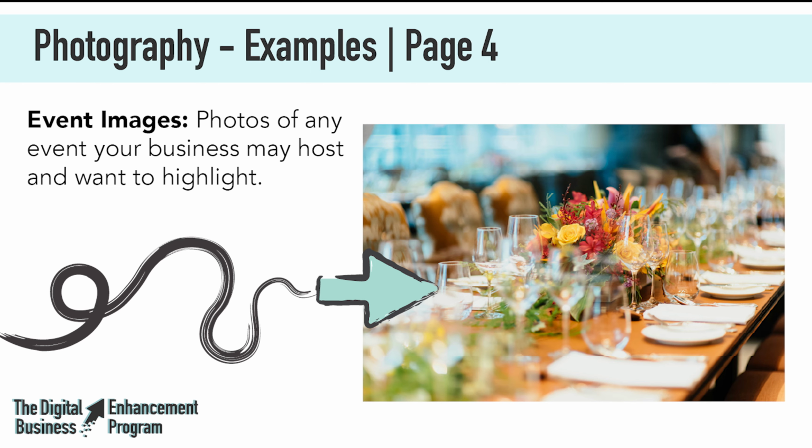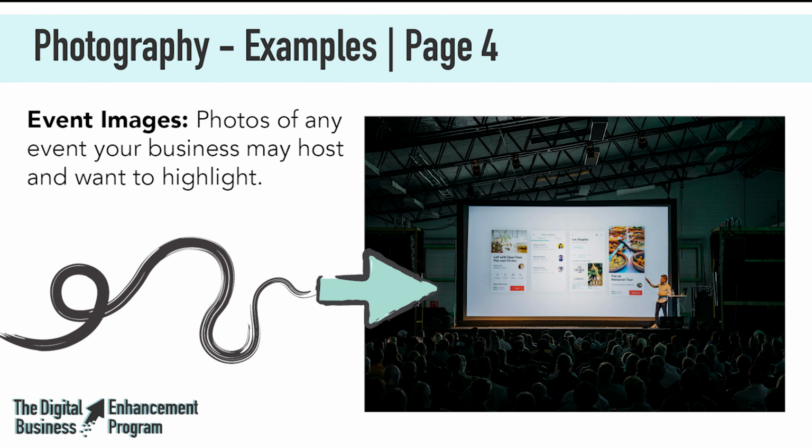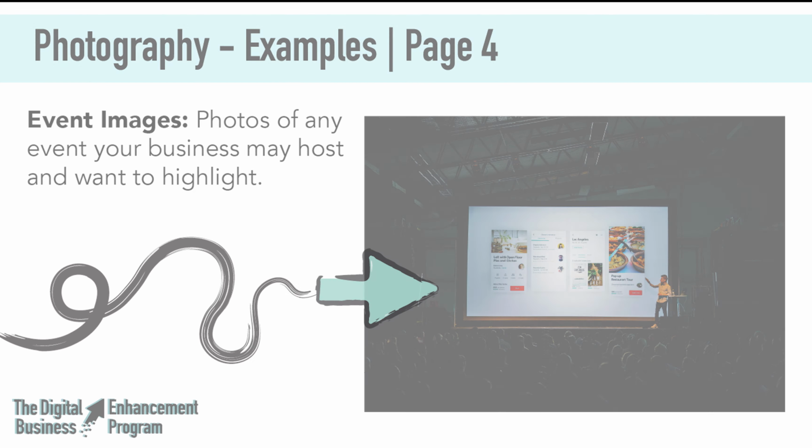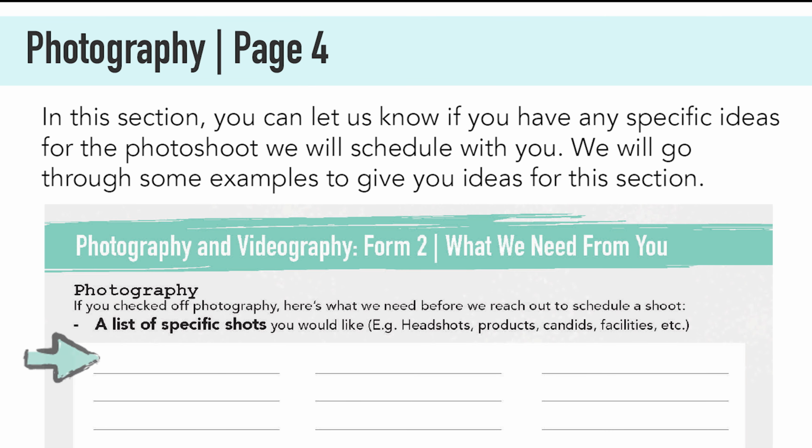If you're hosting some sort of event, if you're having a business conference, anything like that, we are able to capture that for you. So make sure to write in any preferences or wants that you may have, because we want to make sure you're getting everything you need out of this program.